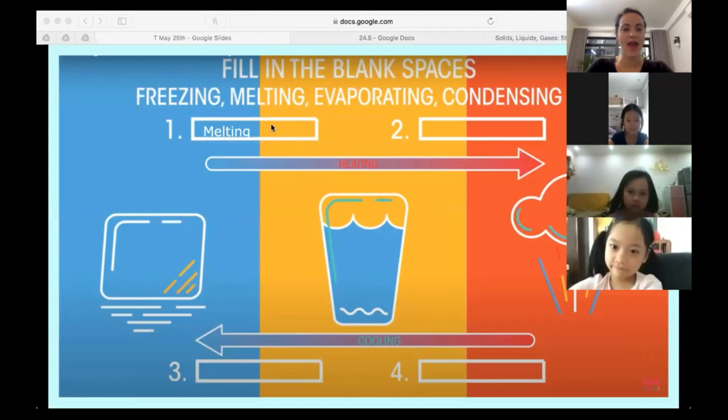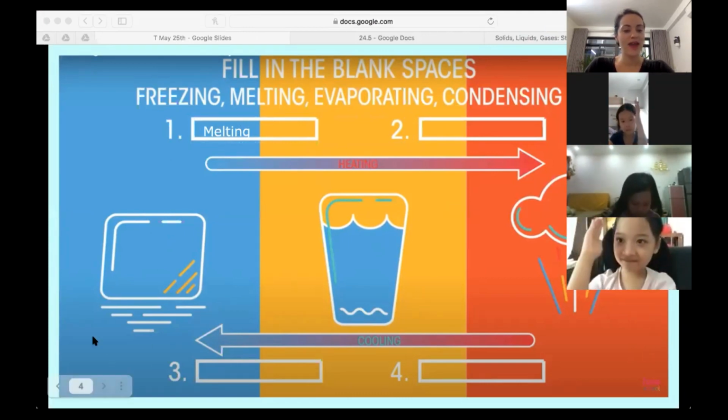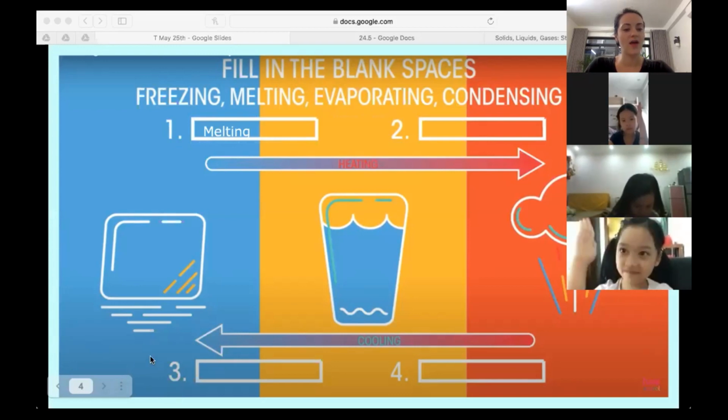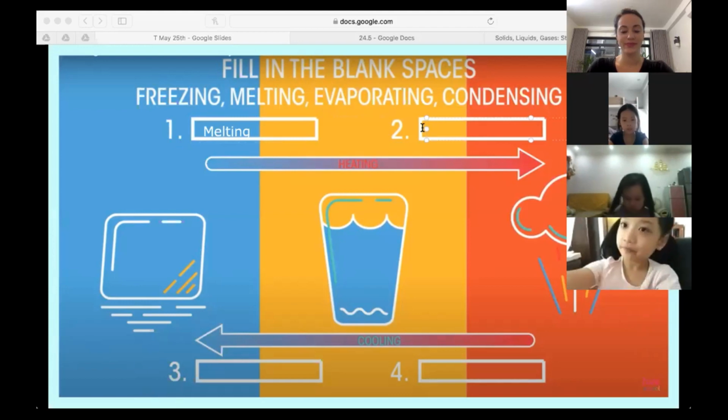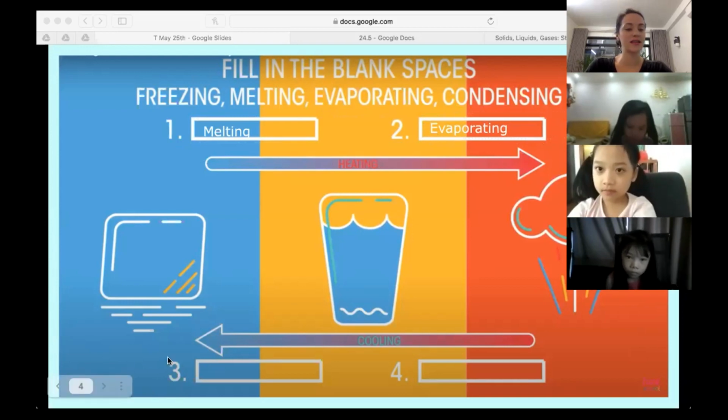Two in a row, okay. Number two, a liquid to a gas. Sino, go ahead. Great job on your homework, Sino. A liquid to a gas is evaporation. Excellent, evaporation or evaporating. Very good, Sino.